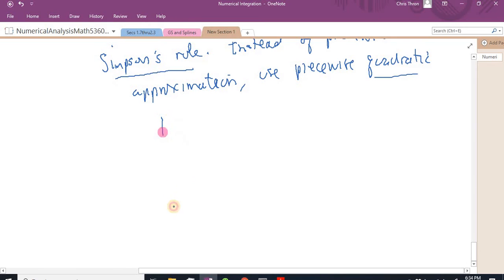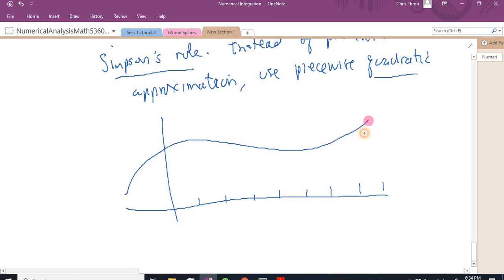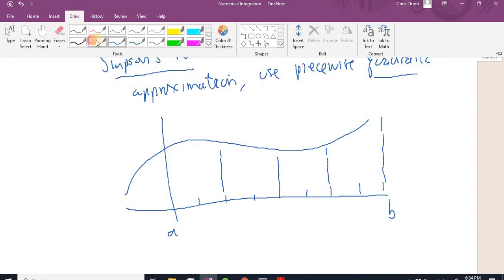Let me explain here. If I have several intervals, if you want to use Simpson, you basically have even and odd nodes. If my function is like this, and this is my A and this is my B, I divide the interval like this, and I do a quadratic here.